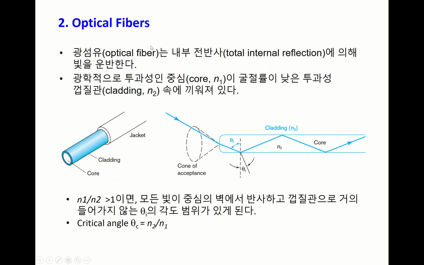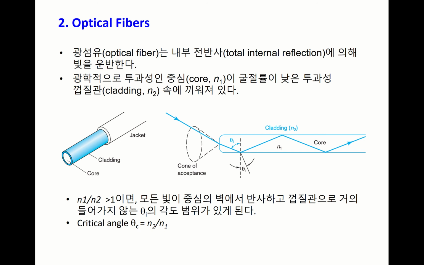Now let's study optical fibers. Optical fibers are very frequently used in spectrophotometry. In Korean it is called 광섬유. An optical fiber guides the light path. One of the properties of light is to go straight.